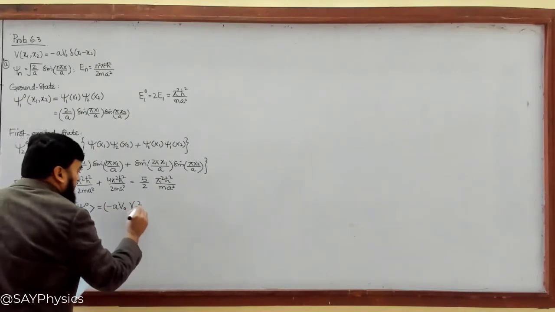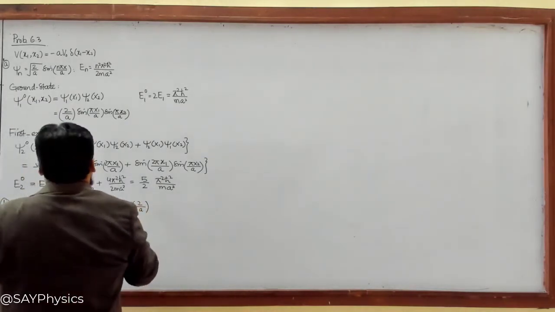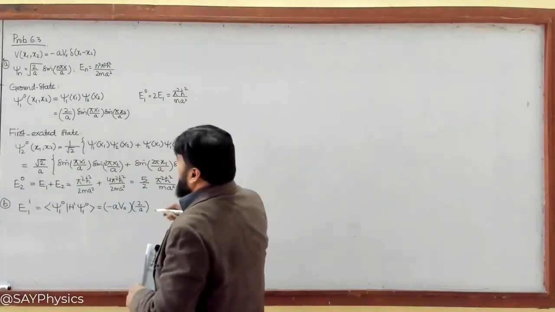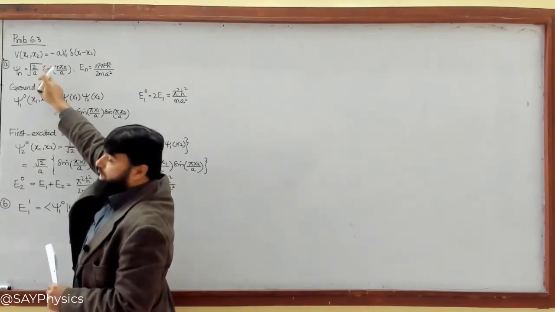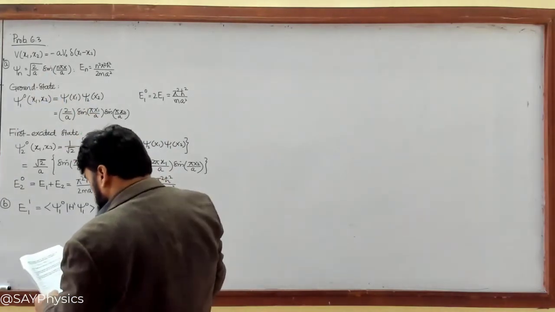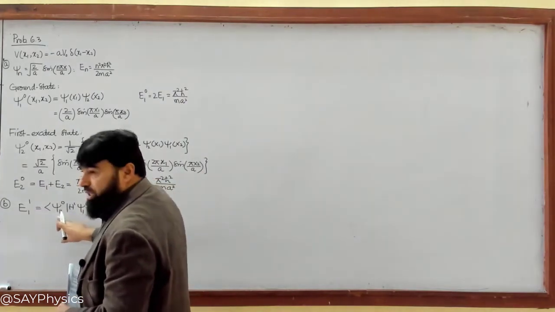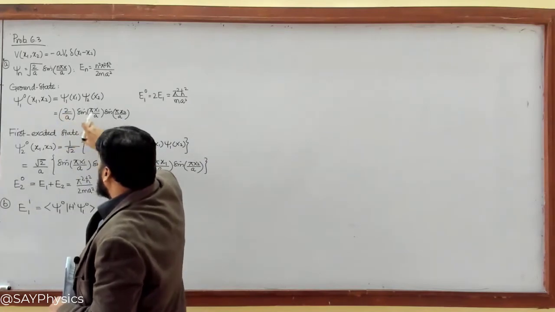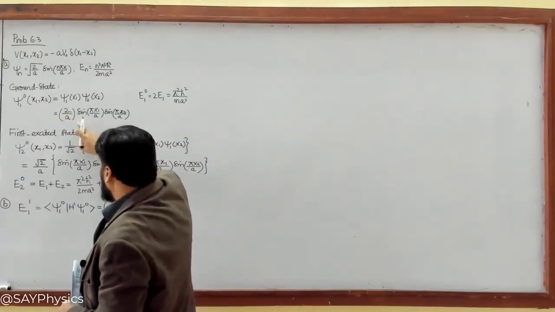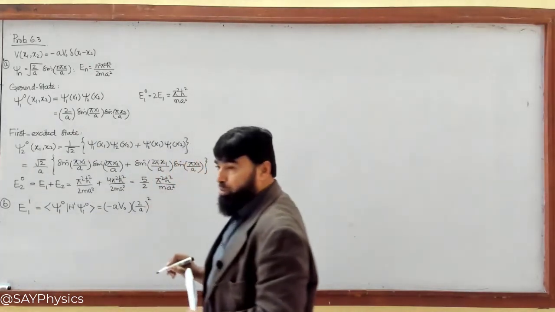Then 2 over a will also come outside, because 2 over a from this psi10 and 2 over a from this psi10, so it will become 2 over a squared.